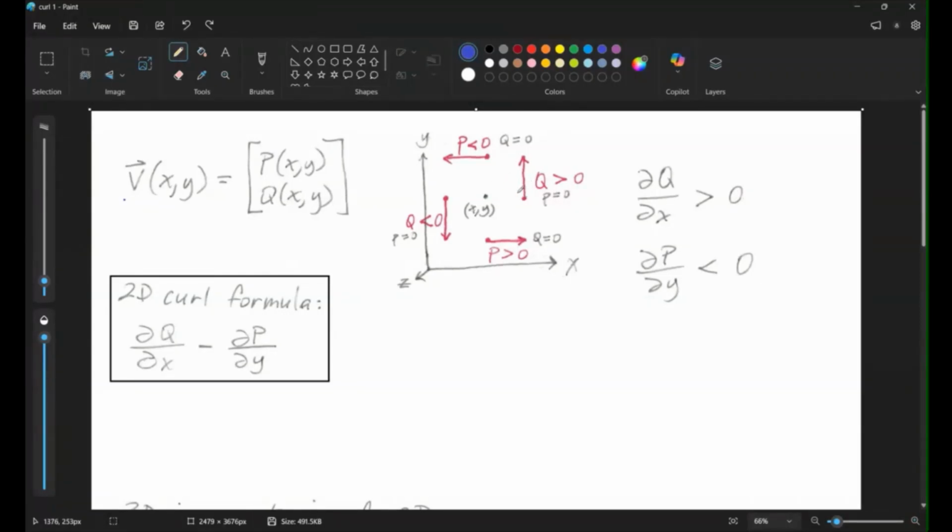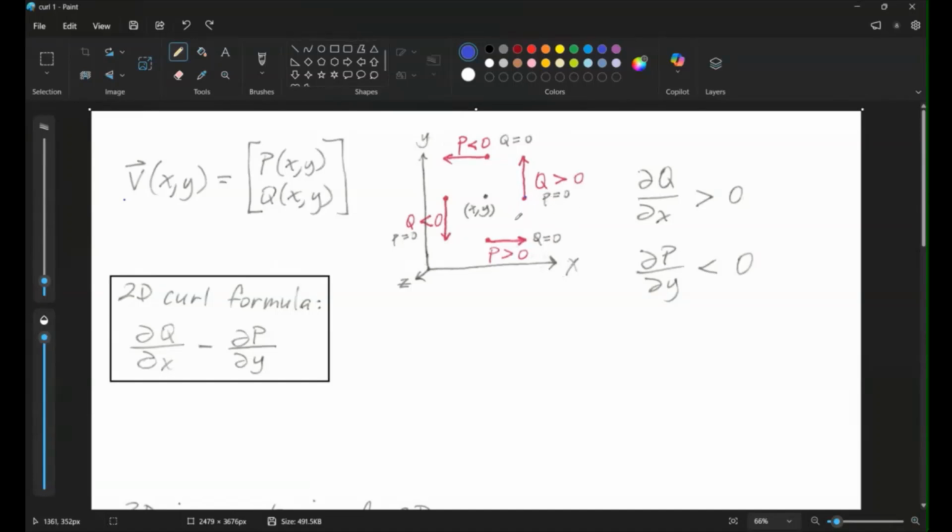I've constructed these four vectors here, and if we look at the Q ones, they have a y component but no x component, or P component technically. So we need to think about what is happening to Q as x moves.